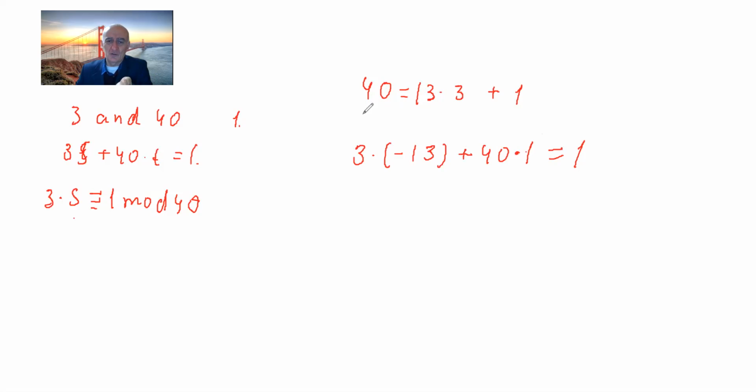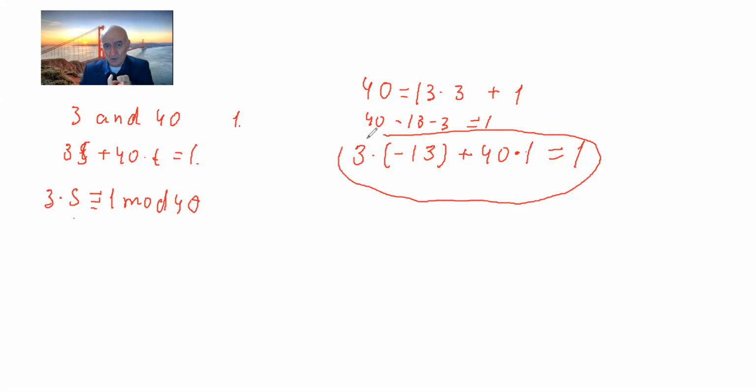It's natural here to write that 40 minus 13 times 3 equals 1. But I wrote it in this form so that the expression has the same view, because now it's easy to find s. What will be s?